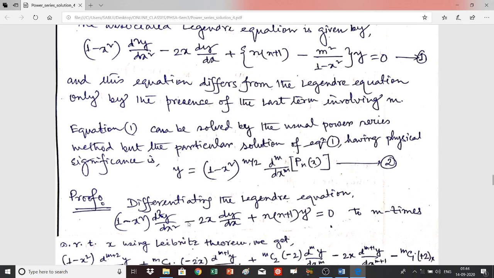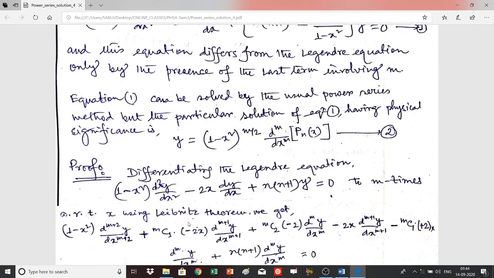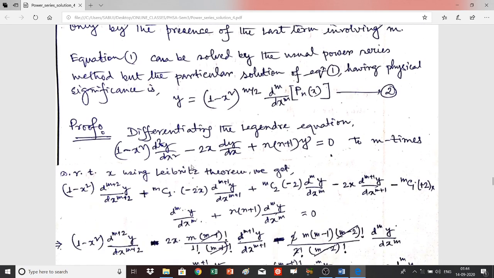To prove it, we just recall the Legendre differential equation, which is written here equal to 0, and we differentiate this Legendre differential equation m times with respect to x, using Leibniz theorem. Since you already understand the method to differentiate using Leibniz theorem, it will not be very difficult to understand the differentiation of this Legendre equation.